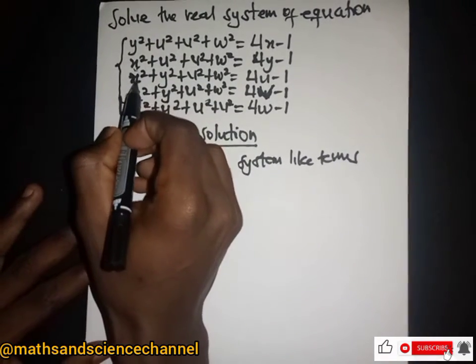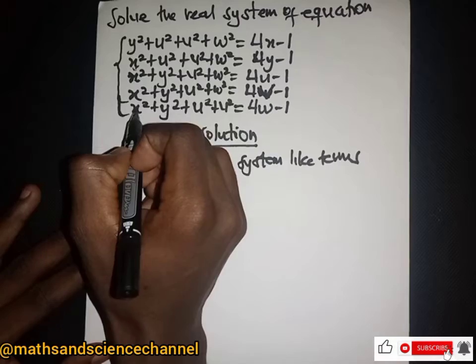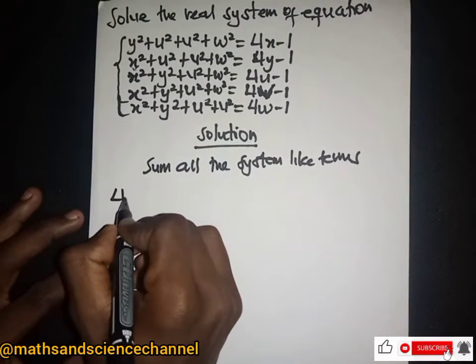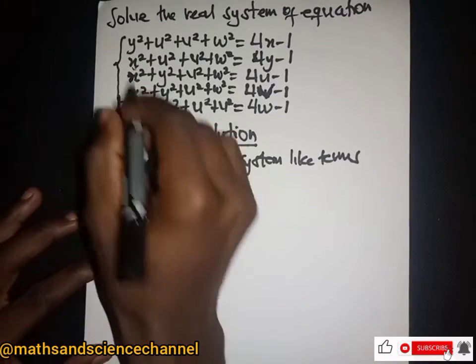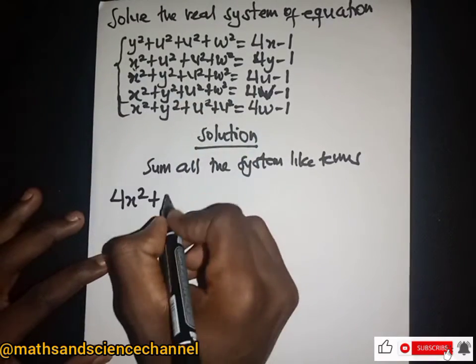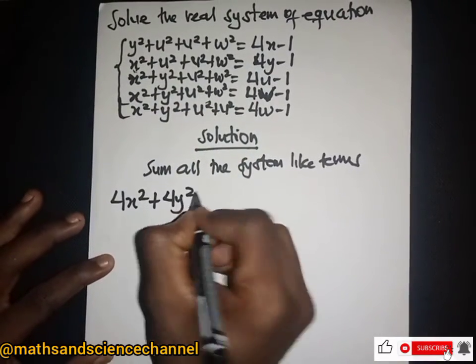So we have x squared, x squared, x squared, and x squared, which is just 4x squared. Then the same for y, so we have 1, 2, 3, 4, which will be 4y squared.